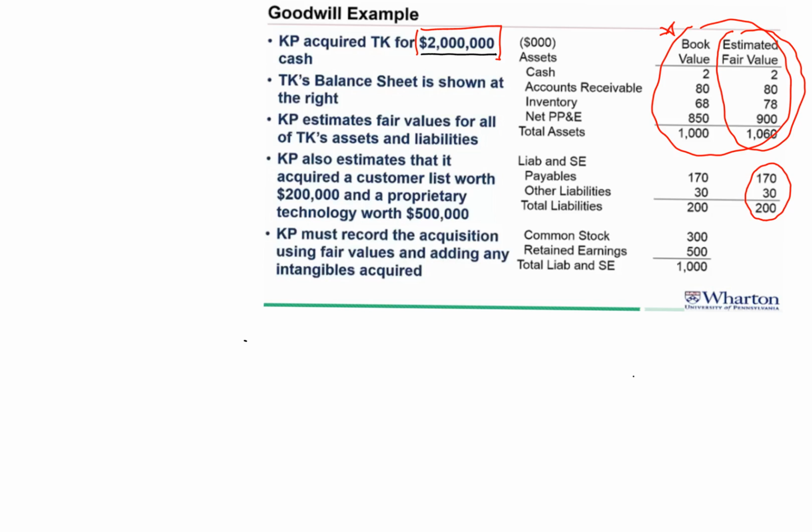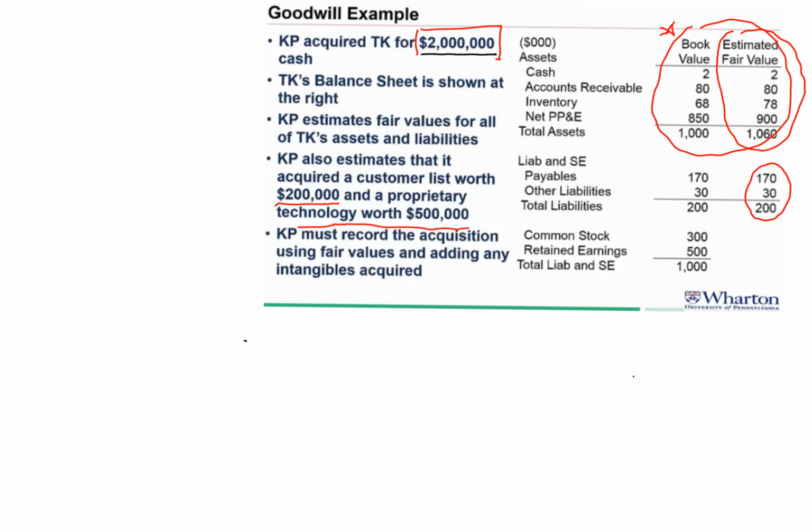Then we are also given the intangible assets, and these values have been arrived at by the acquirer or the buyer of the business. So 200,000 was assigned to the customer list that they are going to acquire, besides the proprietary technology. For example, in the class we discussed that AT&T acquired AOL.